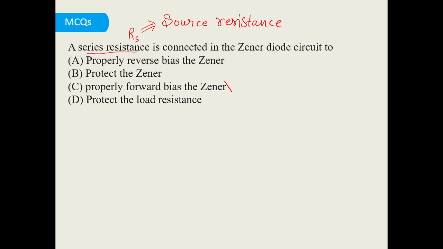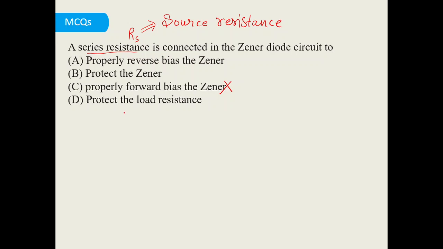Forward bias of the Zener diode does not actually happen in any of the cases. Why? Because the Zener diode has to be connected in reverse bias in order to operate as a voltage regulator, or to protect the load resistance. This is not something the series resistance is connected for.